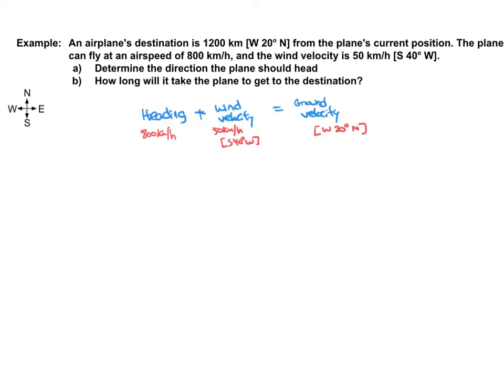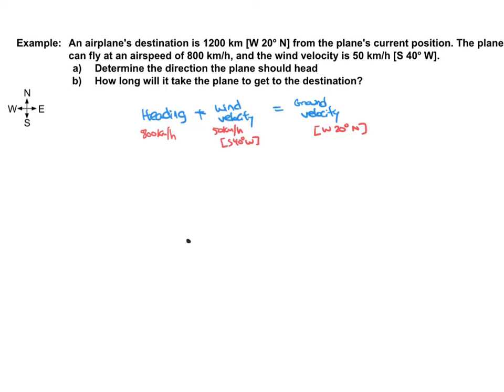Okay, this is how I would approach drawing a diagram. I would start by just putting a dot where the airplane is currently. So that's just going to be where my airplane is currently. And then I'm going to draw a line in the direction of where the destination is. Okay, so I'm gonna draw the destination basically.